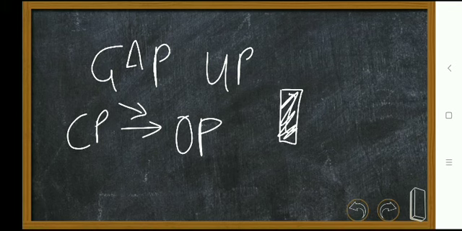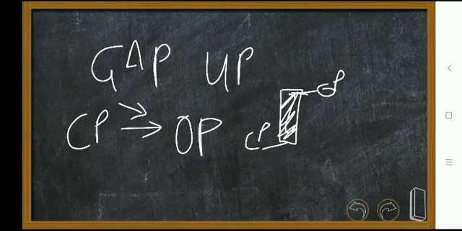Let's make it bearish, for argument's sake. So this is the opening price. This is the closing price. I don't want you to cram or think that a gap up only happens for bullish candles or bullish trends, and a gap down is for bearish candles or bearish trends. No. These happen in all situations.